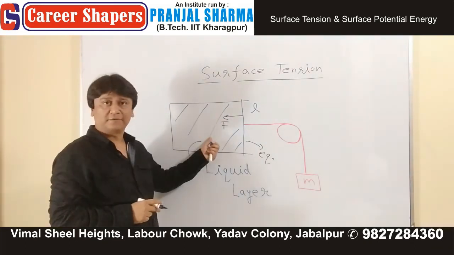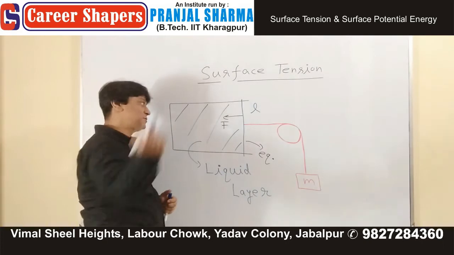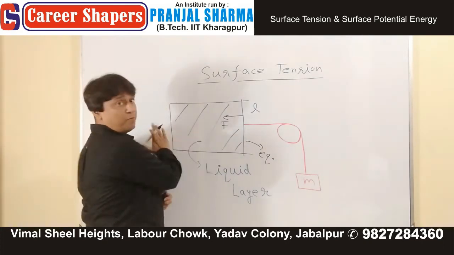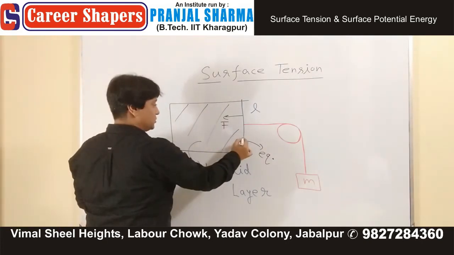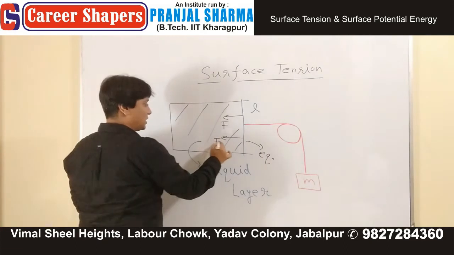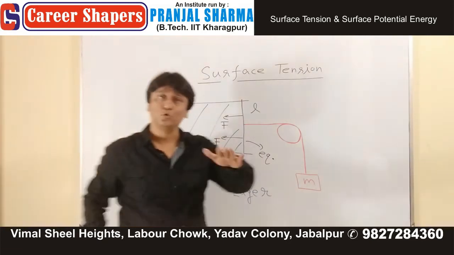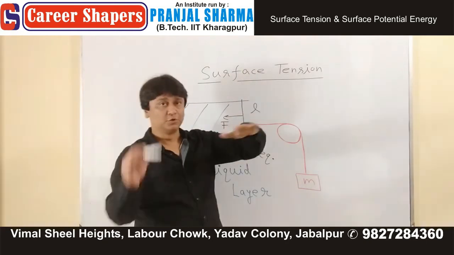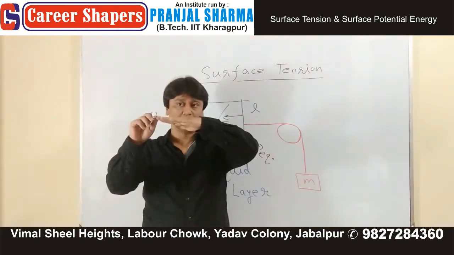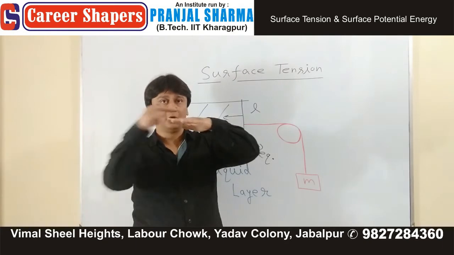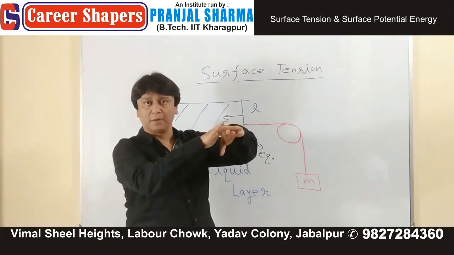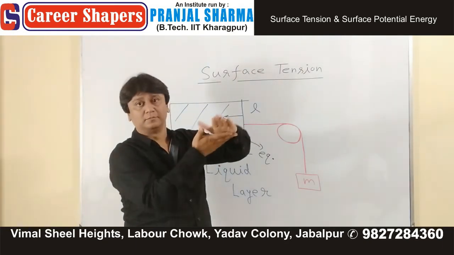Definitely it is F. But another F is present from the bottom surface. So let's write down this as F. There are 2 surfaces. So as you attach this rod, it is being pulled by 2 surfaces, one at the top and the other one at the bottom.